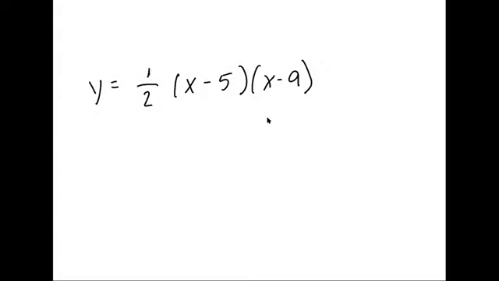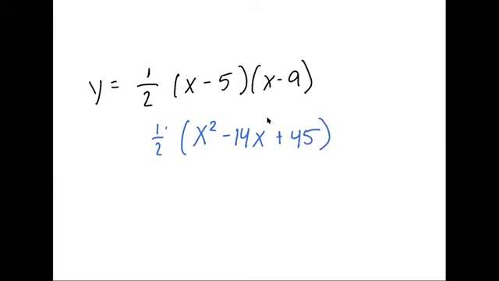Same thing with the 1/2. I just know that 1/2 is kind of confusing. Remember, you just divide everything by 2. So if I FOIL this first one out, x squared minus 14x plus 45.